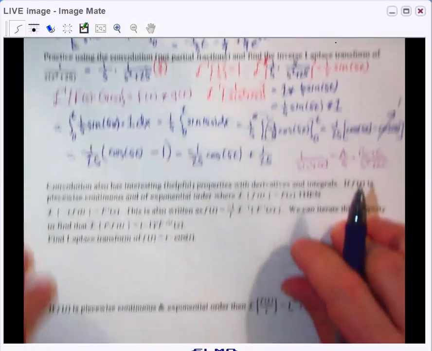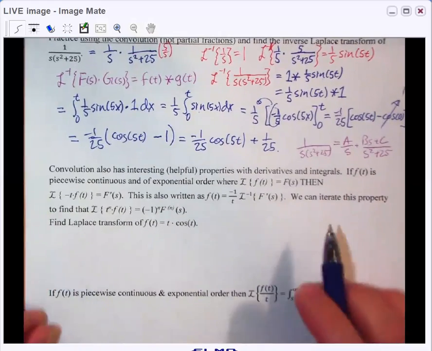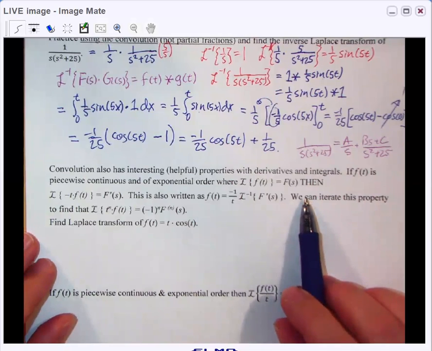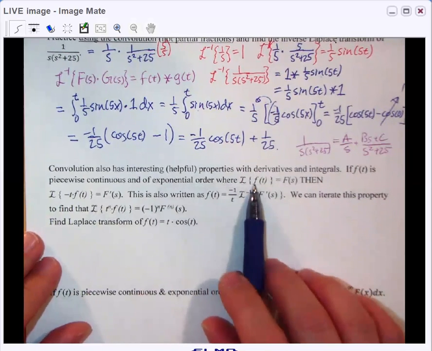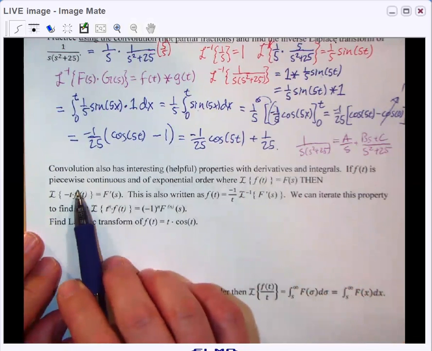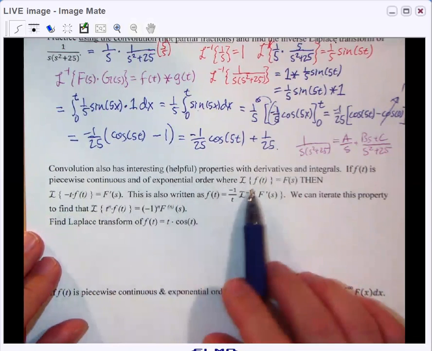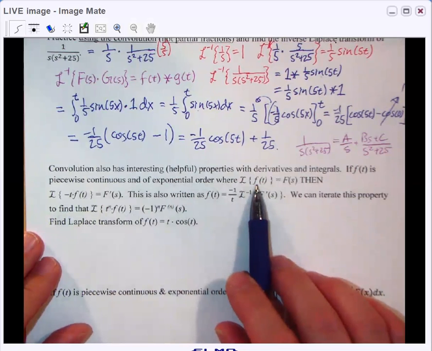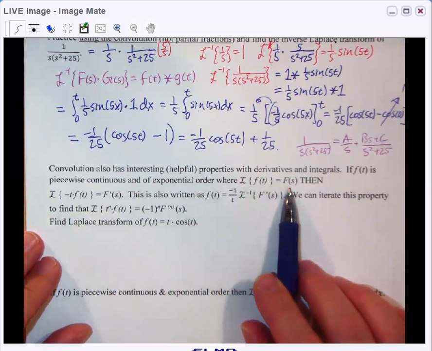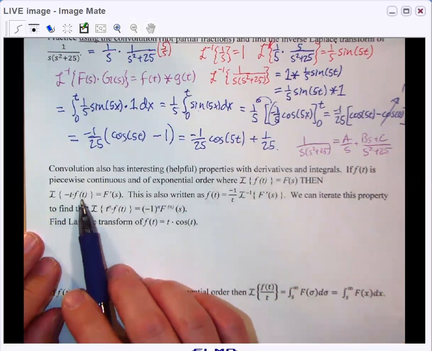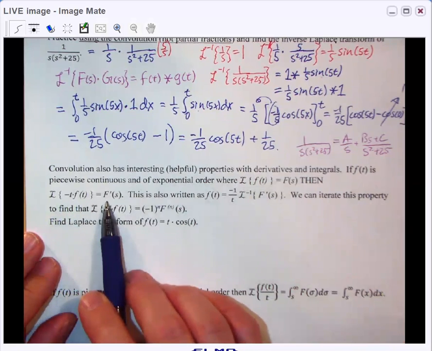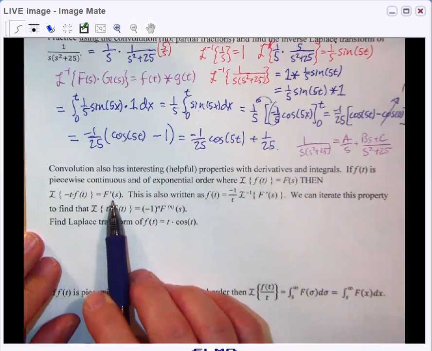All right. So we have some interesting properties, and one of them is that if f of t is piecewise continuous and of exponential order, and the Laplace transform of f of t is capital F of s, then the Laplace transform of negative t times f of t is equal to F prime of s.